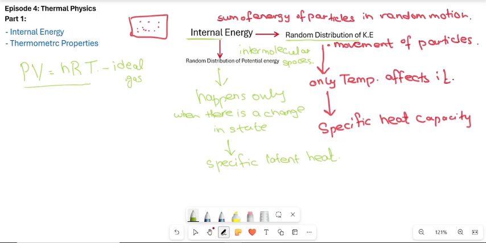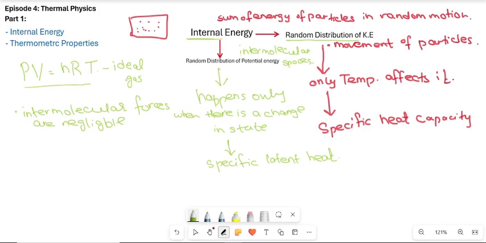One characteristic that we need to know here is that in an ideal gas, the intermolecular forces are negligible.